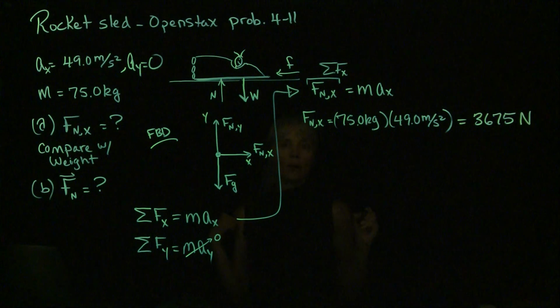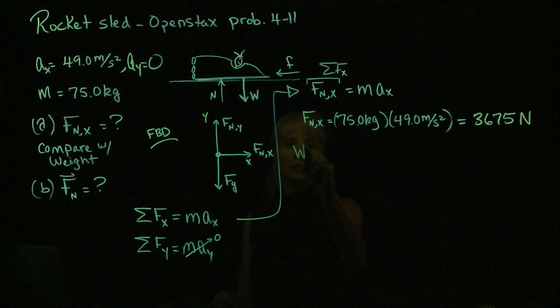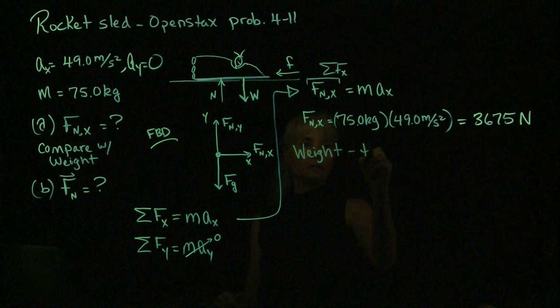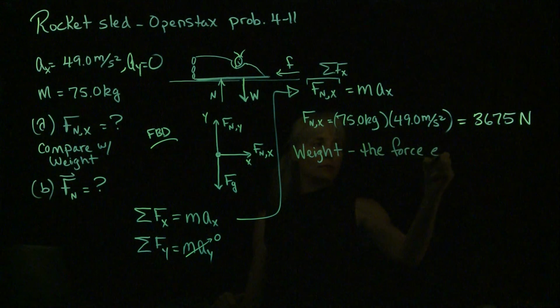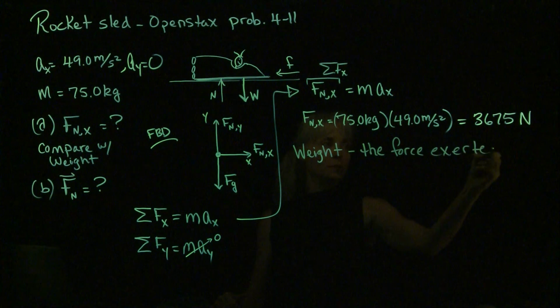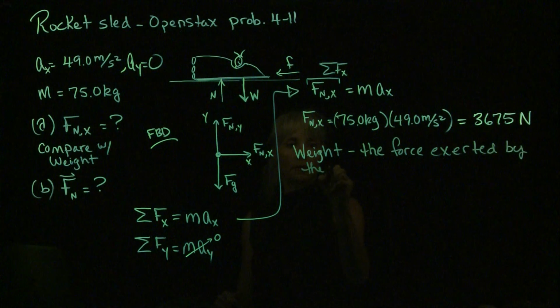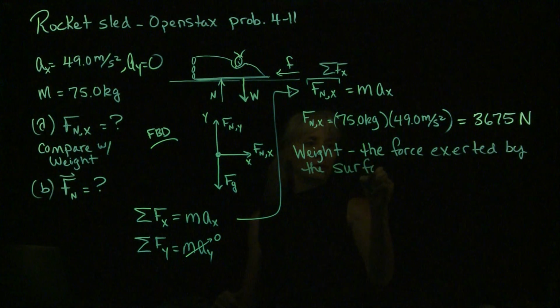In the second part of this problem, we want to compare that with his weight. Okay, now this is kind of a sticky point. Weight has a very specific definition. Weight is the force exerted by the surface vertically.